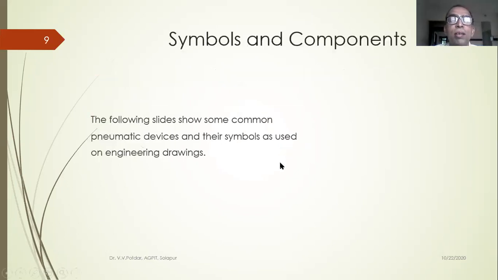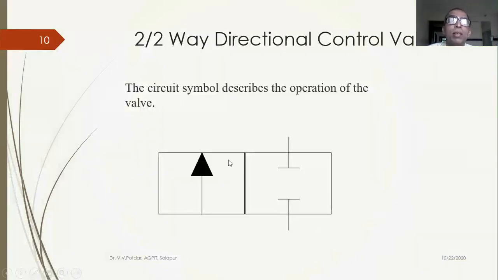The following slides show some common pneumatic devices and their symbols as used on engineering drawings. These you need to remember, friends. So this is a 2x2 directional control valve. Now what this nomenclature indicates? Remember very clearly. So this is 2-port and 2-way or 2 position.